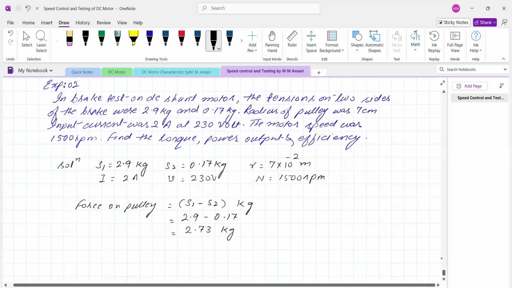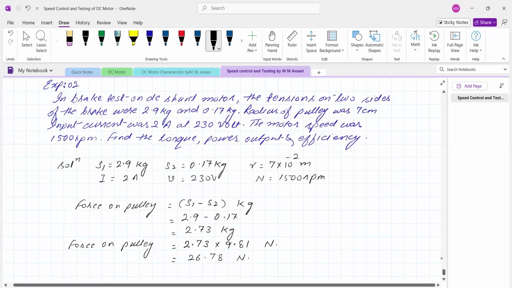Now the force on pulley is 2.73 into 9.81, in Newton, so it is equal to 26.78 Newton. This is the force.